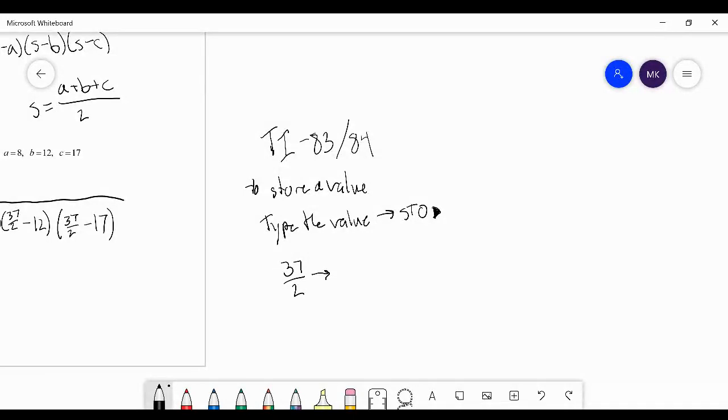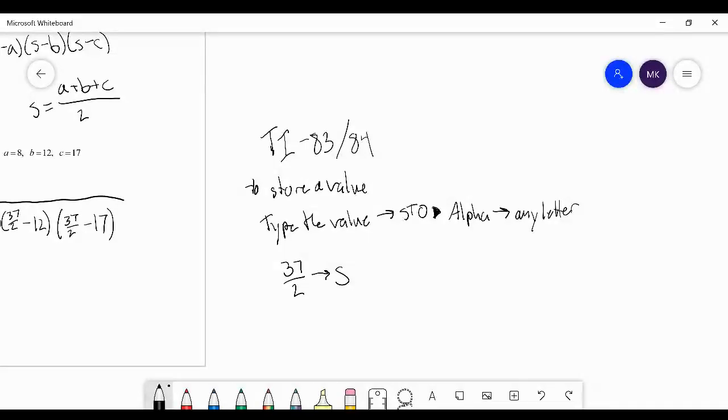So STO, and then you hit alpha, and then just a letter. Any letter. I'm going to store this as S because, hey, that's what we're doing. On my screen, it says 37 over 2, then a little arrow, and then S. And then I just hit enter.